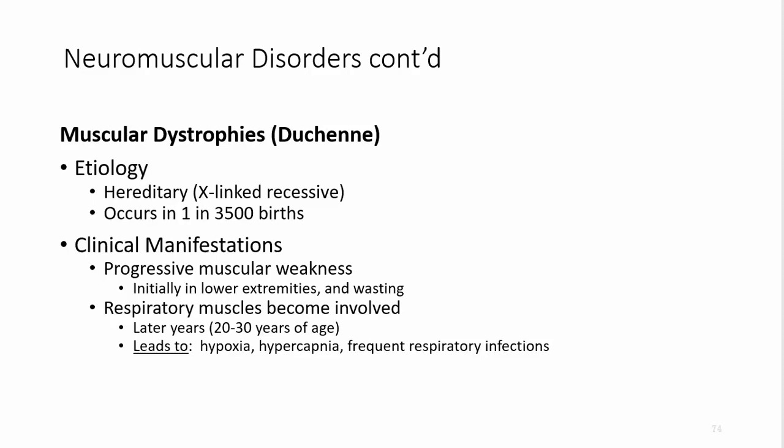What happens here in muscular dystrophy is that the dystrophin protein, the protein that holds the myofibril to the sarcolemma in a muscle cell, is improperly made and weak.